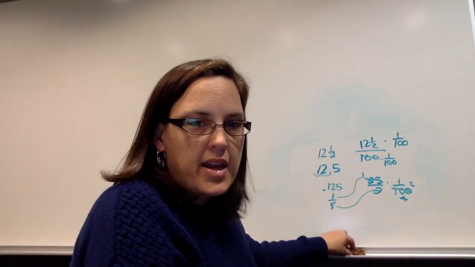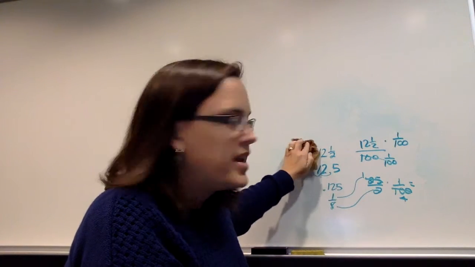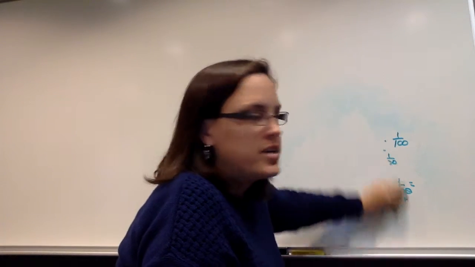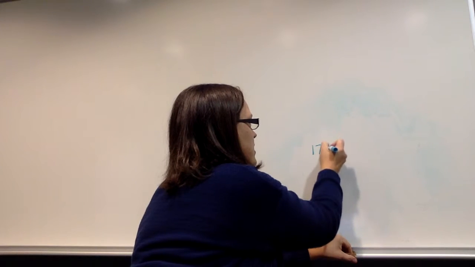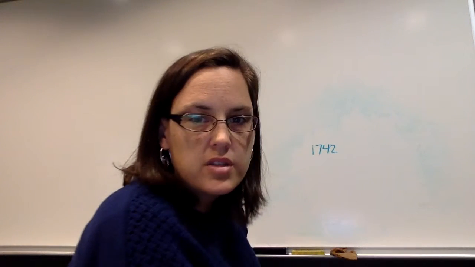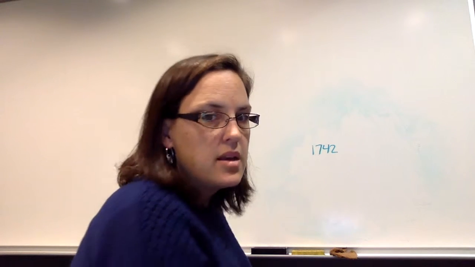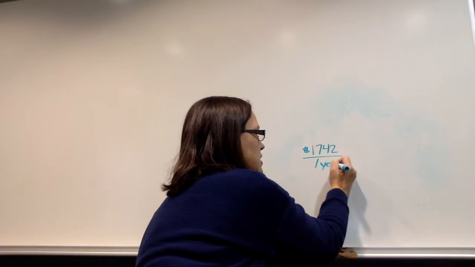So let's take a look at example 1 at the bottom on page 200, financial literacy. It says that the average teenager spends $1,742 per year on fashion-related items. That's 1,742 in 1 year.